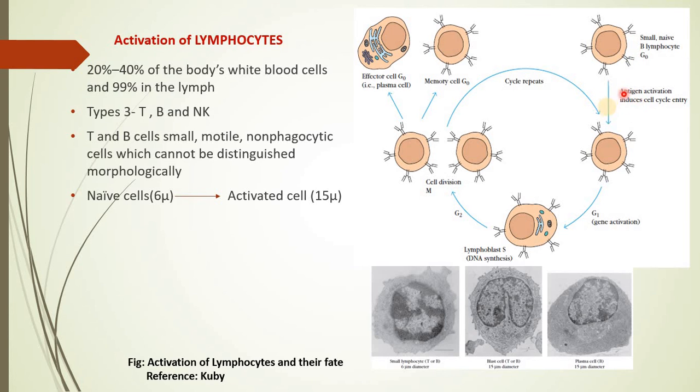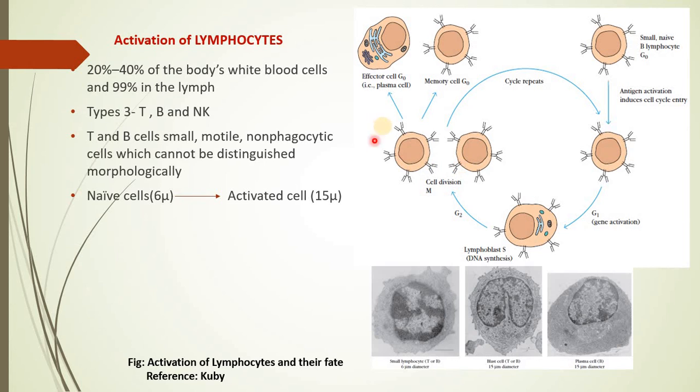Now, because of antigenic stimulation, it will enter the G1 phase. Later, it will enter the G2 phase, and then comes into the M phase, that is the mitotic phase, wherein it undergoes the process called division.